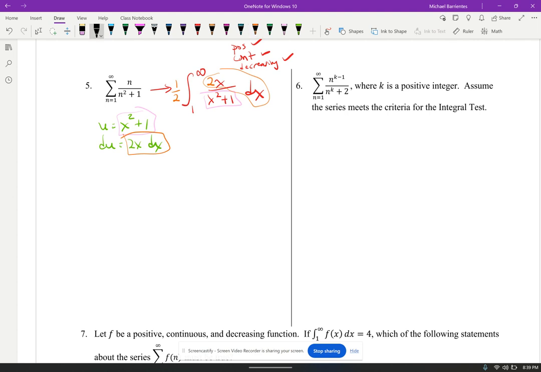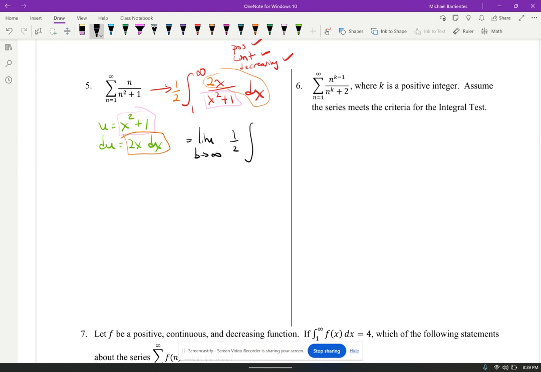And so this is going to become 1/2 integral of, I'm going to go ahead and change the limits here. And by the way, as I change the limits of integration, I'm also introducing a limit as b approaches infinity, because this is an integral that involves infinity.